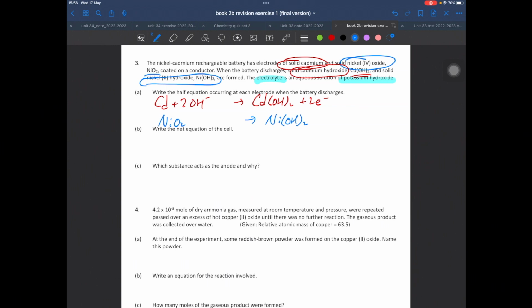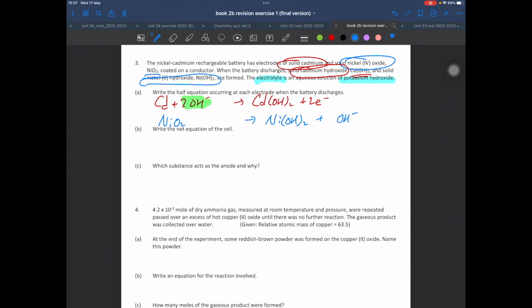Now, I'll give you some hints. First, in the red half equation, you alert that hydroxide is consumed. Well, that means in order to balance the number of hydroxide, you must produce some hydroxide in the second equation. And don't forget, here shows hydrogen on the right hand side.